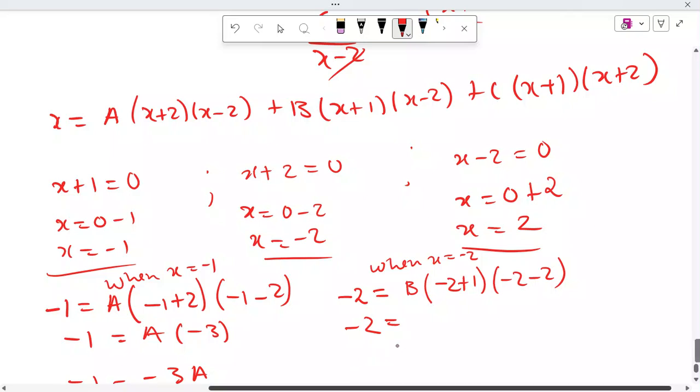This is negative 1, this is negative 4. So negative 2 equals, this will be positive 4, so 4B. So over 4, over 4.